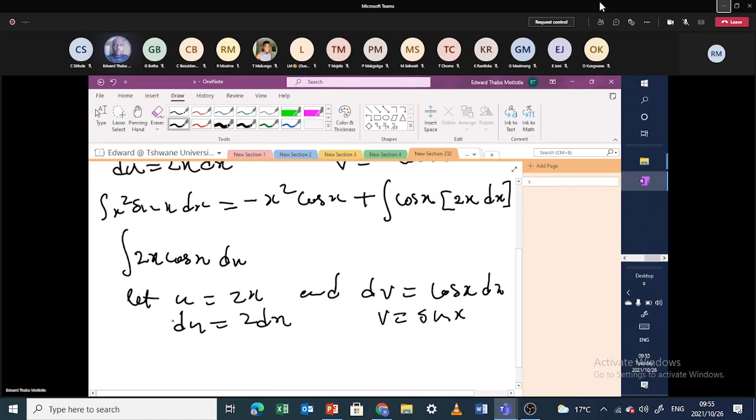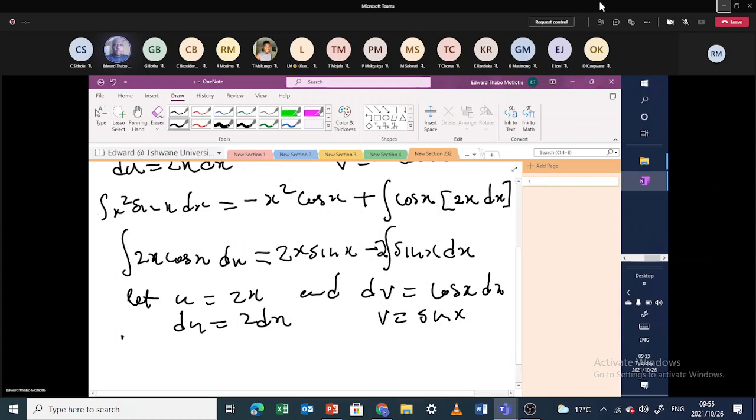Now substituting back here, this integral becomes v times this, so it's 2x sine x minus the integral of, we substitute v is sine x, 2 dx.